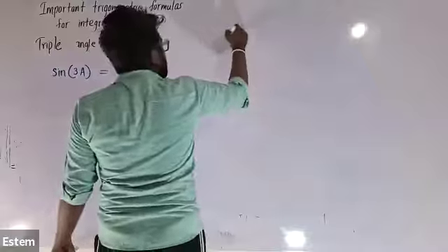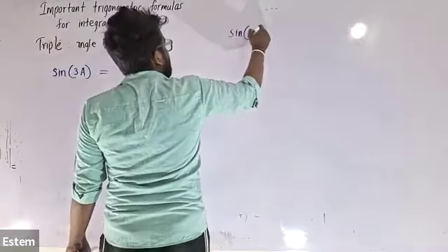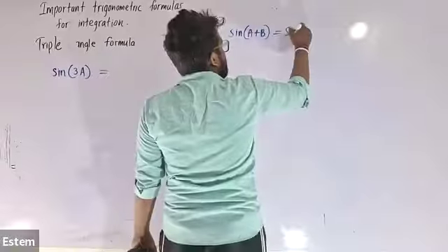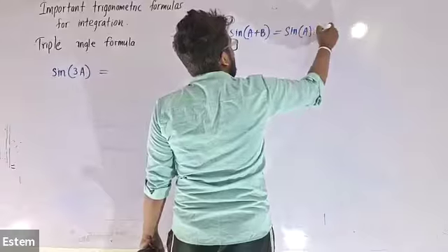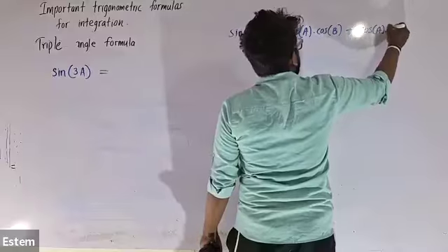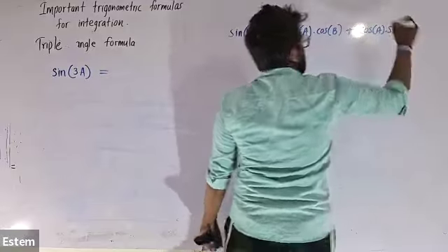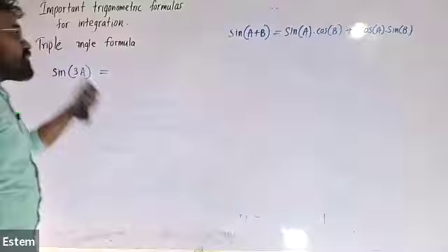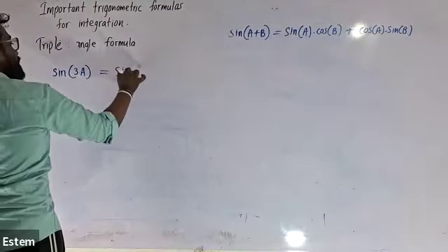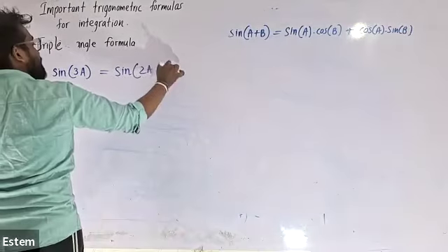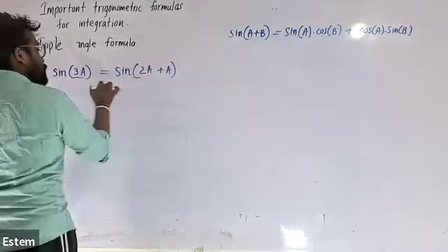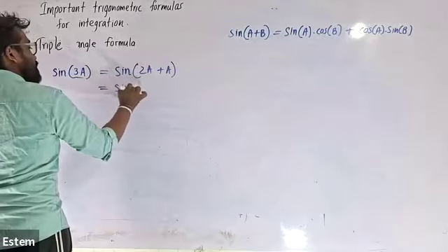Here I apply the equation of sine a plus b. What is sine a plus b? Sin a cos b plus cos a sin b. Then I write this as sin of 2a plus a. This 3a I write as 2a plus a. Then what happens?